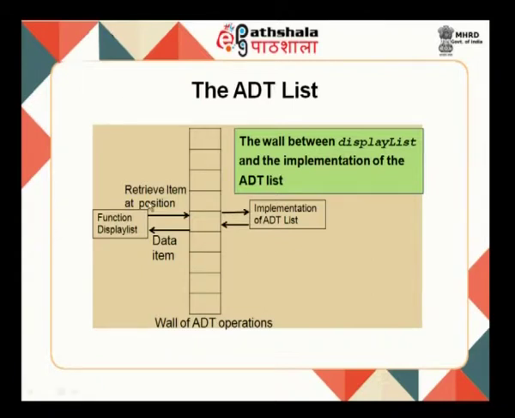Before we go further, we will be talking about 3 different types of lists: ordered lists, unordered lists and index lists. Each of these will be called a different ADT, because the definitions of the operations that it supports are different.